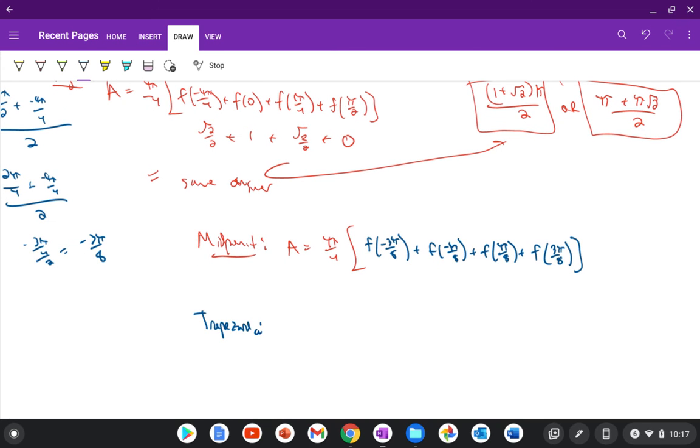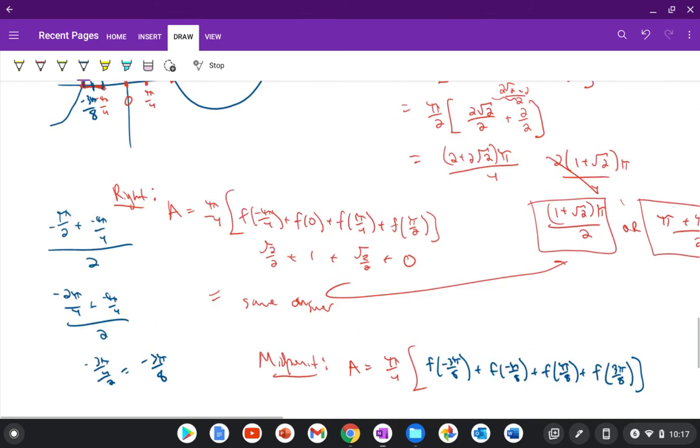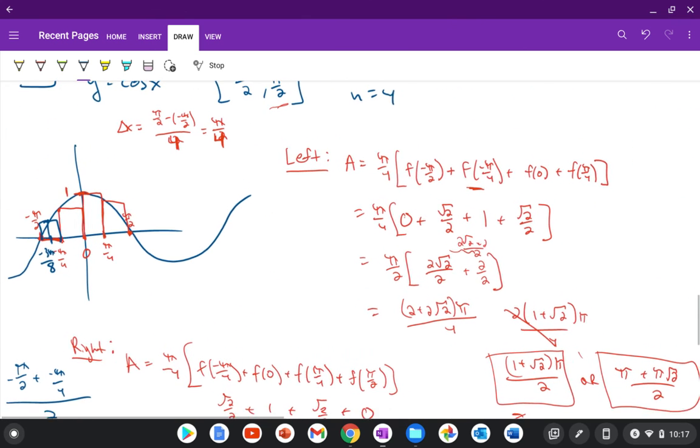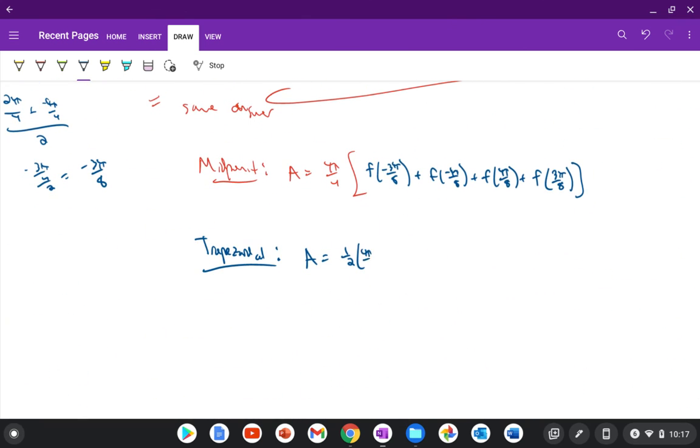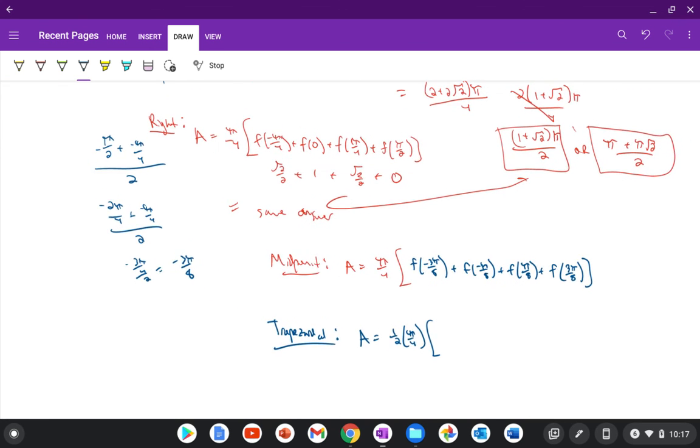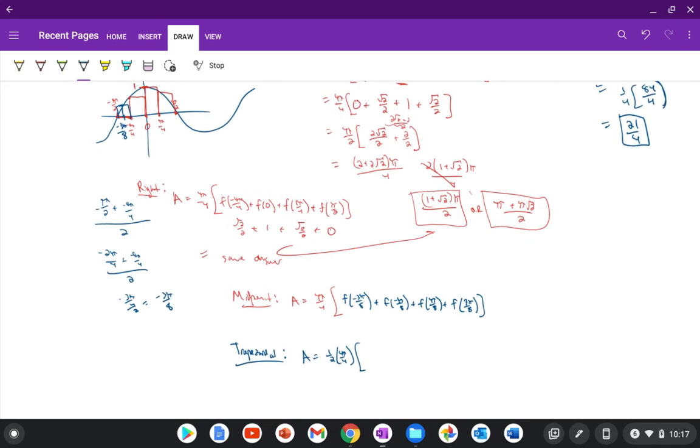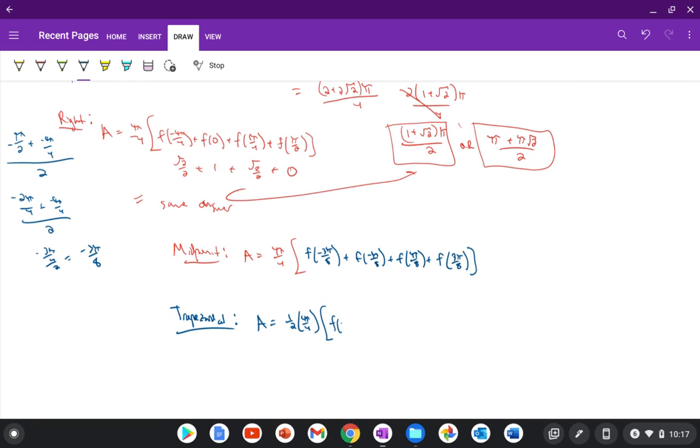Trapezoidal. For this one, we always pull out the 1/2 and then the delta x as well. Our delta x is pi over 4, so those two just pull out. And then I'm going to try to show you the simplified version of this one. The first one we just do once. So that's going to be f of negative pi over 2.